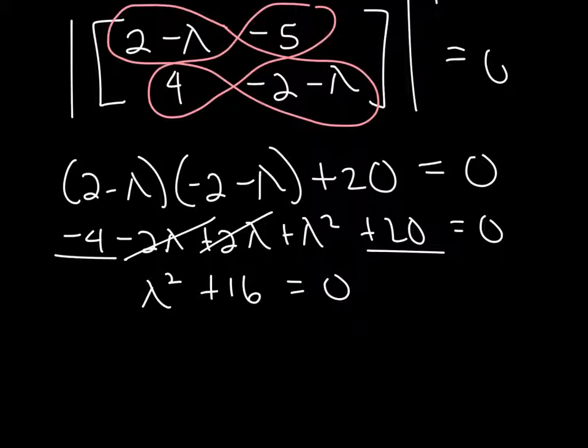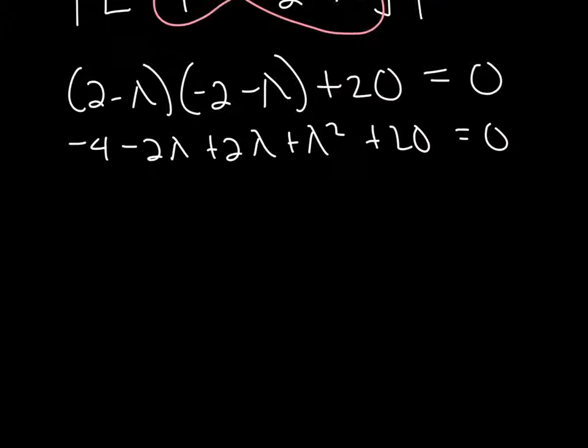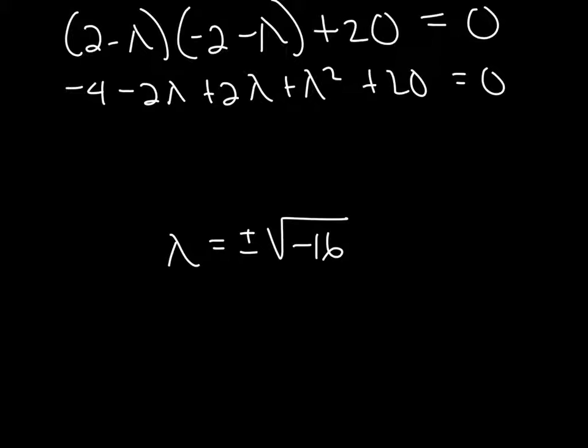If we solve for lambda, that's the goal, it's our eigenvalue, or really the root of our characteristic equation. So we have lambda squared equals -16. I'm going to use the square root property, so plus or minus the square root of -16.